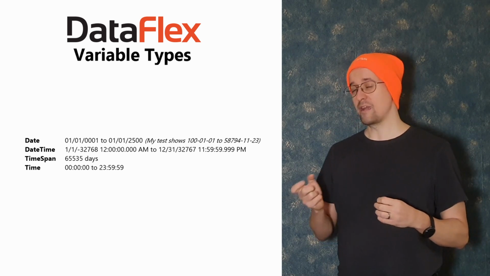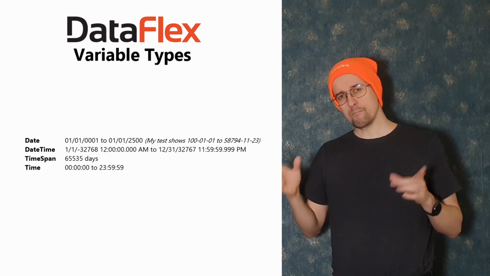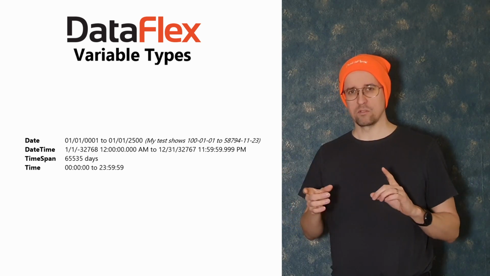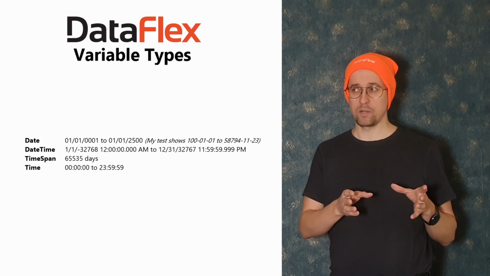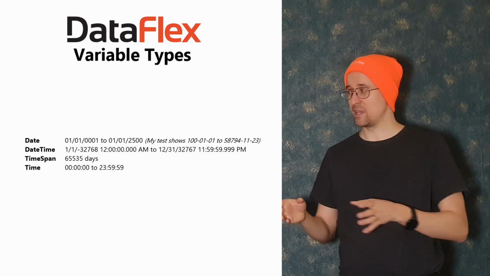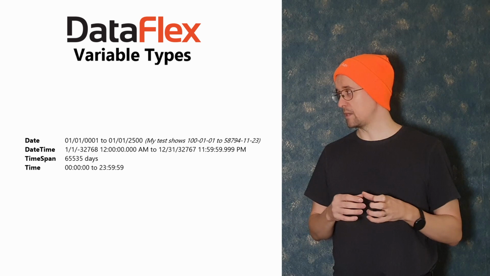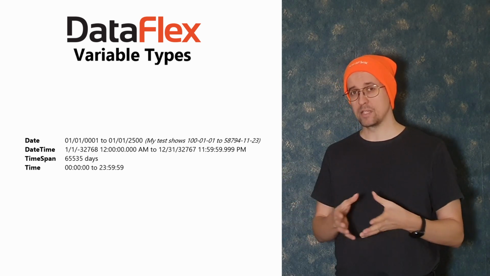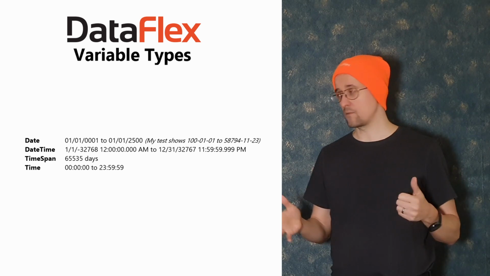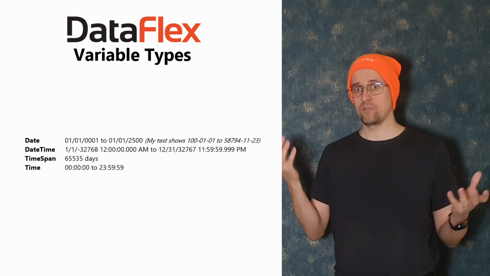And we could, on the other hand, get a lot further into the future. But that might also have something to do with 32-bit compilation contra 64-bit compilation. So I wouldn't be too certain about that, but if you're on a 64-bit compilation of DataFlex, it seems like you can get up to year 58,000.